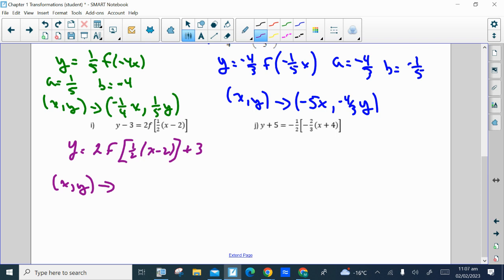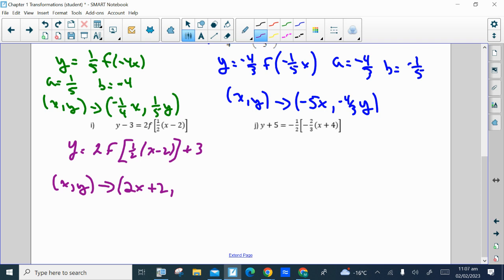A b value of a half means a horizontal stretch by a factor of 2. And then you've also got inside the rounded brackets x minus 2, which means an h value of positive 2. Remember, the value of h is always the opposite of what it appears to be, which means it's going to shift 2 to the right, or you're going to add 2 onto the x values after you multiply by 2.